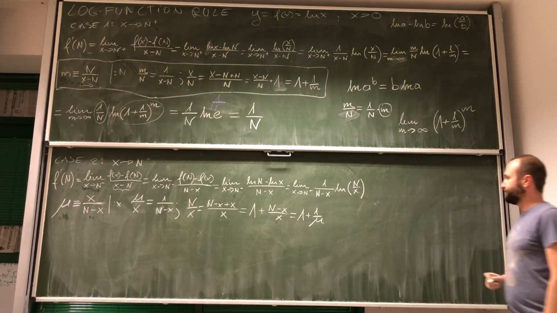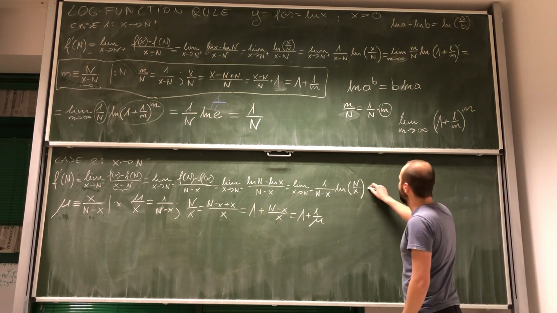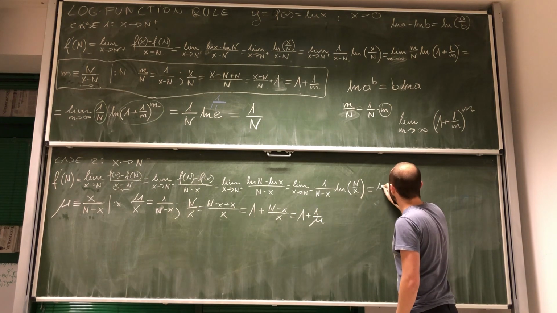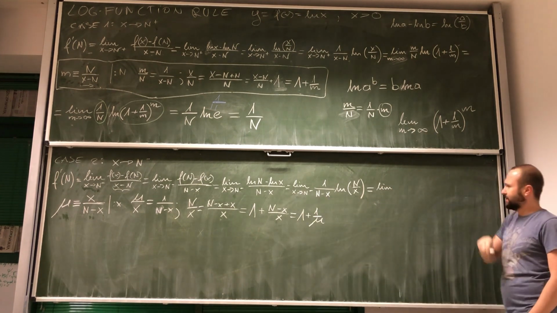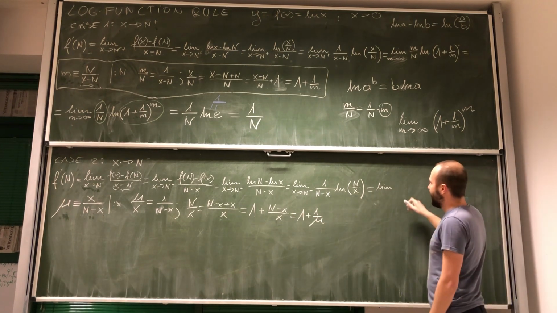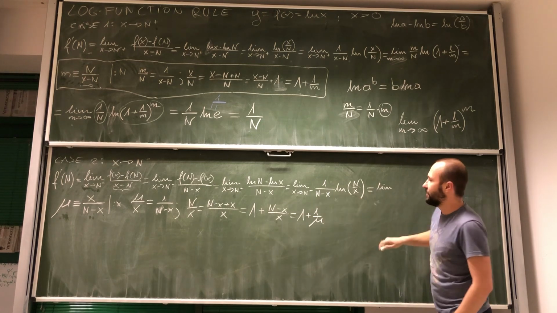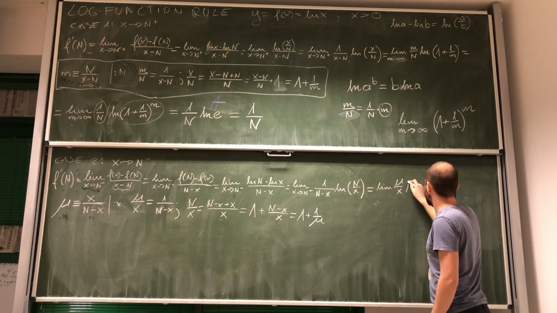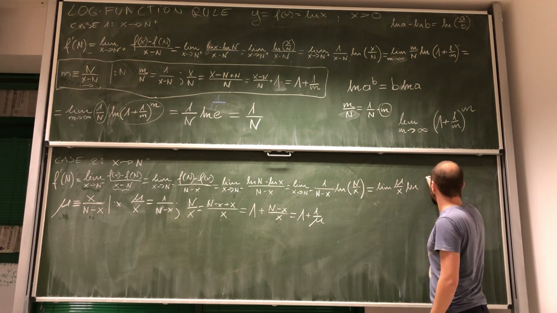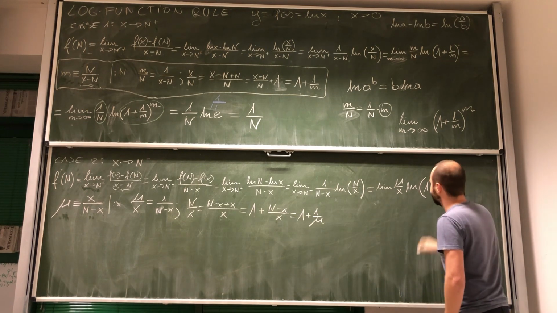Okay, so again, what we can do is start substituting. I'm going to keep the limit, and how we're going to replace this is going to turn out in a second. And now, instead of 1 over n minus x, I can write mu over x. And instead of n over x, I can write 1 plus 1 over mu.